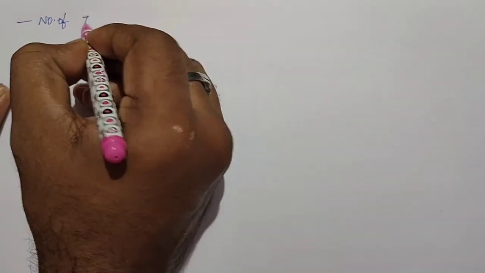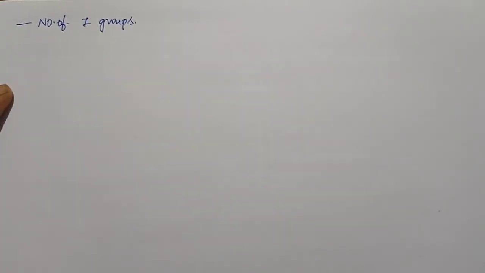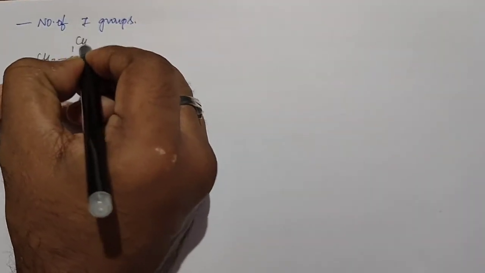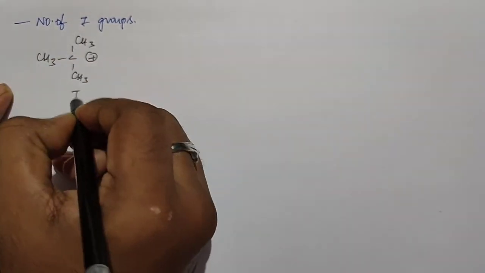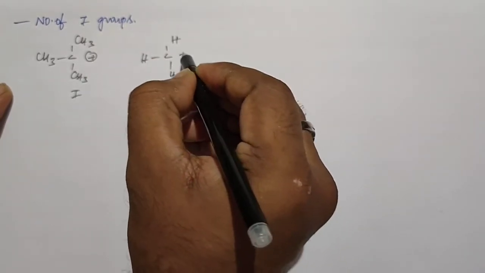Number of I groups. If the number of I groups is increased, then we follow the order. So here I just give some examples. CH3C(CH3)CH3 plus, this is structure 1. Structure 2 is HCH H plus.